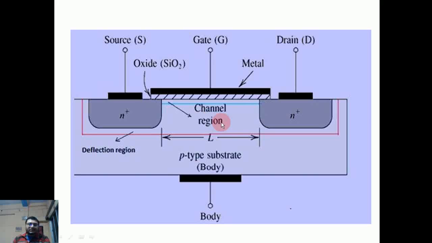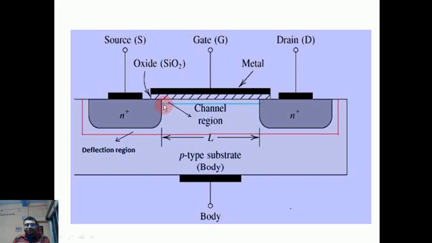So the gate is made of metal. There is an oxide layer, the silicon dioxide. That is why it is called metal oxide. And field effect means whenever we apply a voltage at the gate, a field is created to pull up the electrons in the substrate region and make a channel.